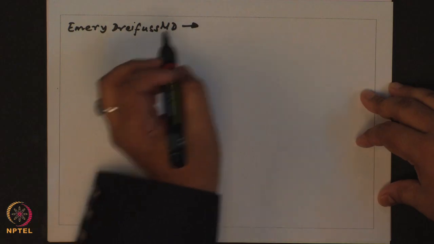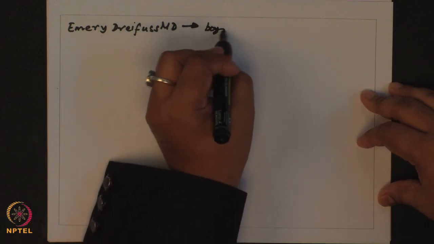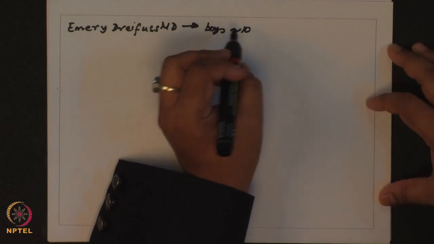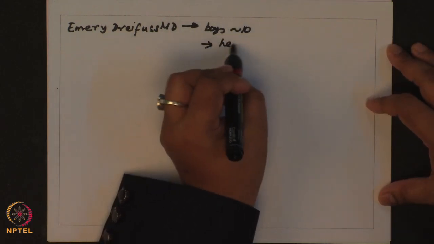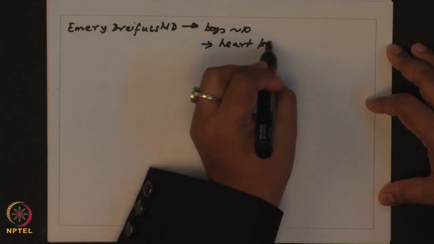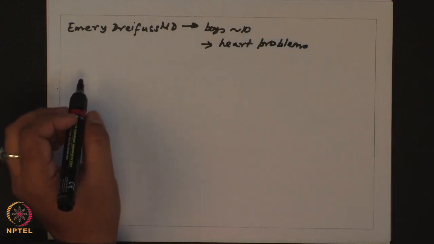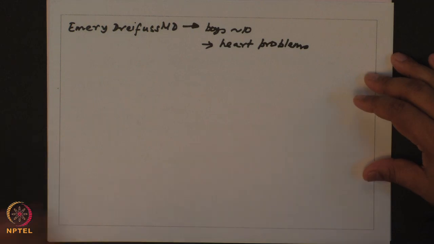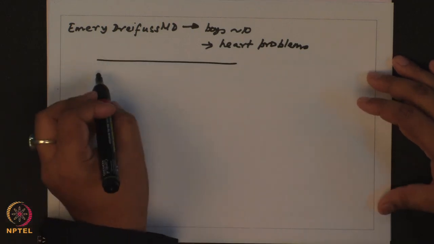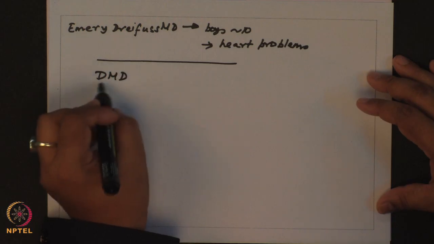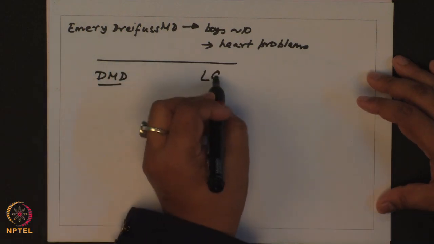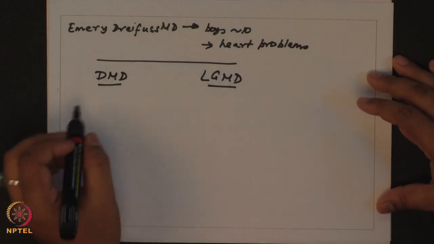Okay. Typically again it affects boys around 10, and these lead to heart problems. Okay. So, I will discuss two of them, Duchenne muscular dystrophy and limb girdle muscular dystrophy.